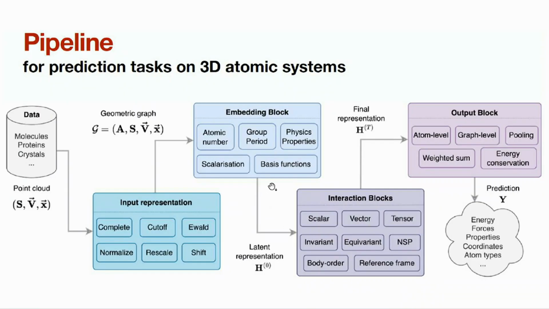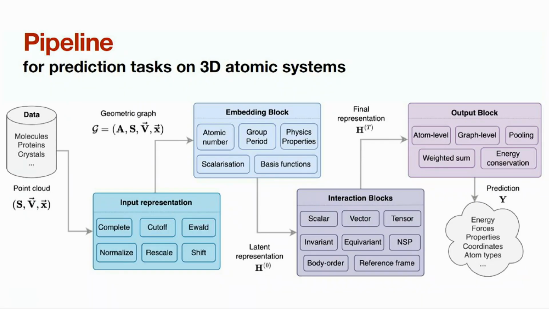And then after getting these messages or latent representations, you can pass them into interaction blocks, which are the most important part of geometric deep learning, where we define the message and do message passing along the graph.